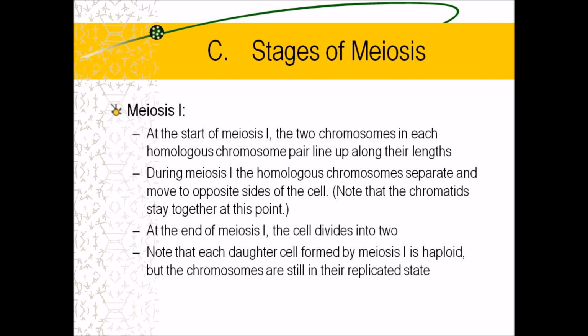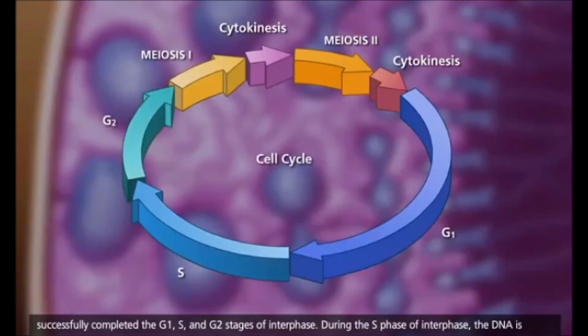But these 2 daughter cells will have haploid numbers of chromosomes, which is half of the chromosomes compared to the parent. And the same with mitosis, before meiosis, the cell will also undergo interphase, where they prepare to divide. As you can see here in the pictures, before meiosis 1 we have interphase. After meiosis 1, we have 1 cytokinesis.